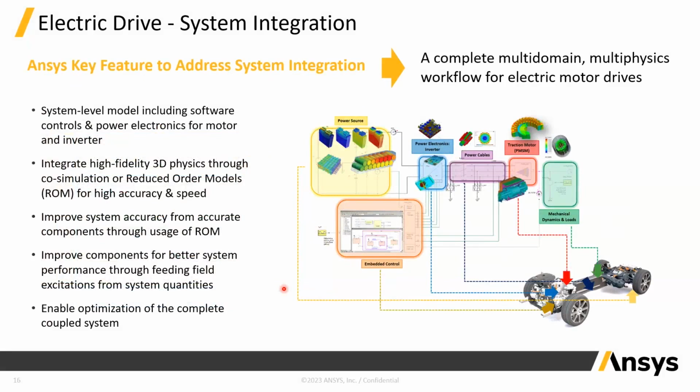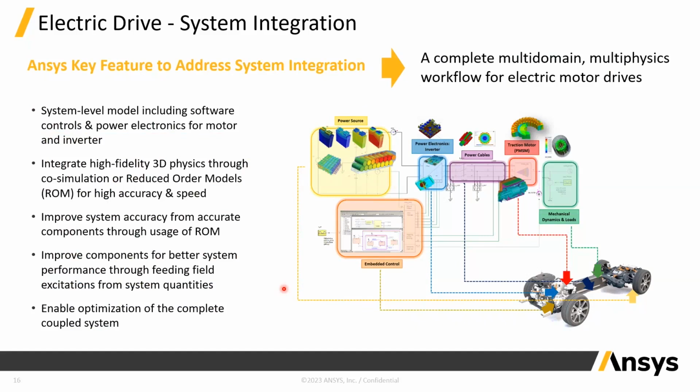This is the electric drive at the system integration, assuming that Maxwell is importing a CAD, starting from a geometry, assigning materials, providing a proper excitation and boundary conditions, and the proper setting of the solution. It's either a quasi-static solution, a dynamic solution, or a more transient time-stepping solution, generating the proper reduced order model for that particular component.